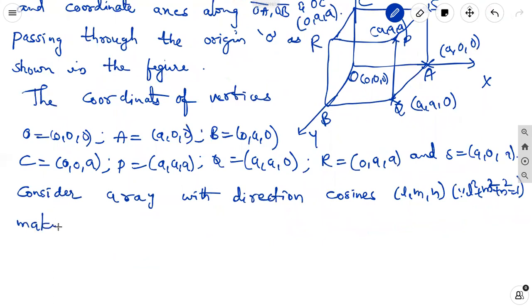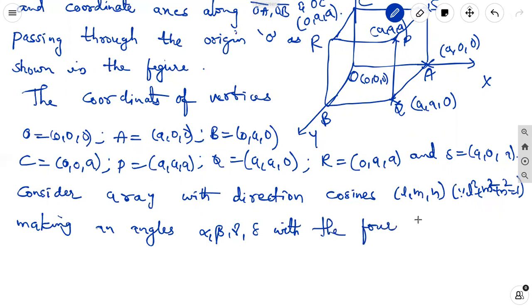This ray is making angles alpha, beta, gamma and delta with the 4 diagonals.